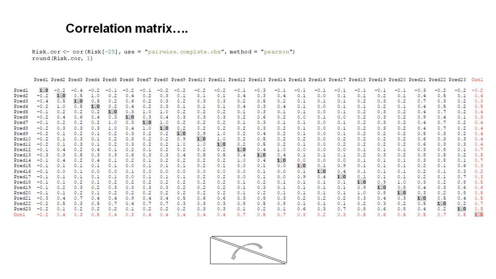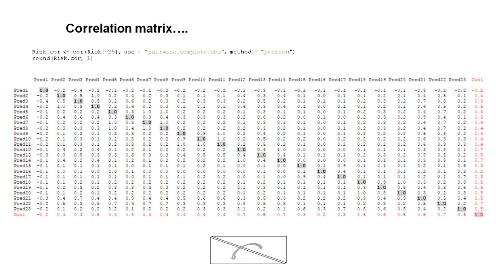The upper right of the matrix is mirrored in the lower left, with correlations equal to 1 down the diagonal, where each variable is perfectly correlated with itself. What we are looking for is low correlations between predictors and the target, and high correlations amongst the predictors.